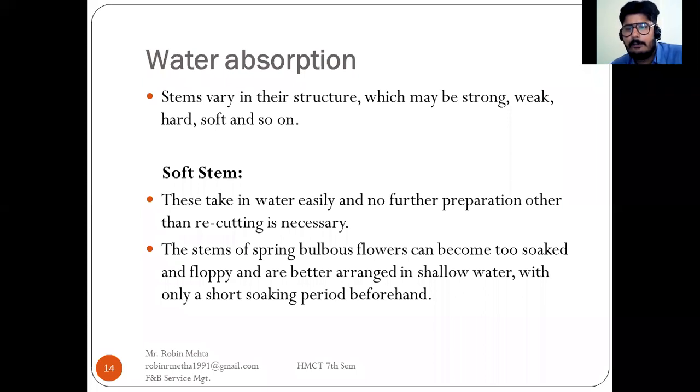Some have a woody texture, very hard, because they do not absorb so much water, so that's why they have the woody texture. It all depends on that, and strong, weak, and soft are again according to the water absorption. If we talk about the woody ones, the stems are strong. But the stems which have a dark green color, or absorb so much water, may be weak or soft.